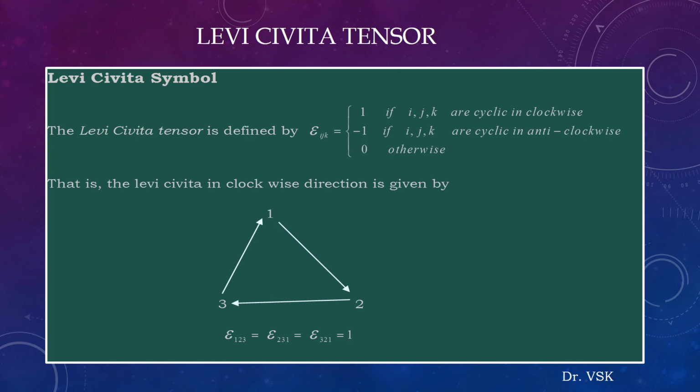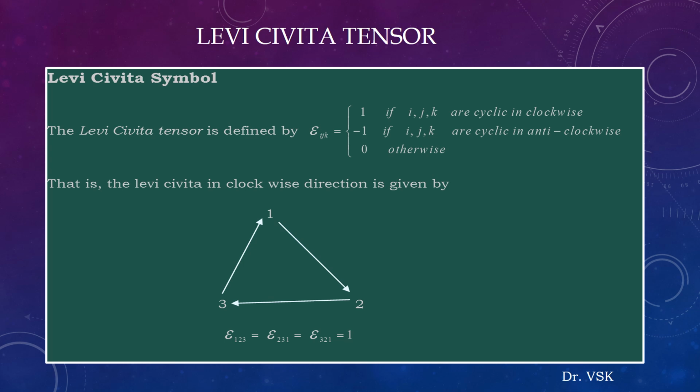Epsilon suffix ijk equals -1 if the indices follow the cyclic rotation in the anti-clockwise direction. If any two indices repeat, epsilon ijk equals 0. So this Levi-Civita takes three values 1, -1 and 0.